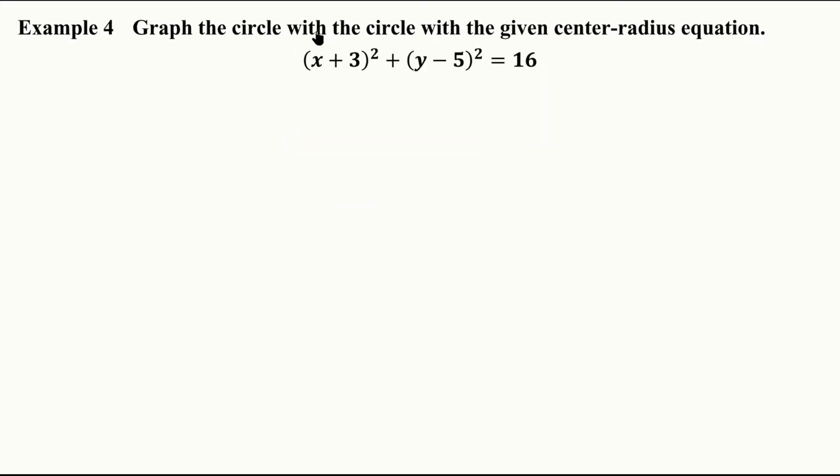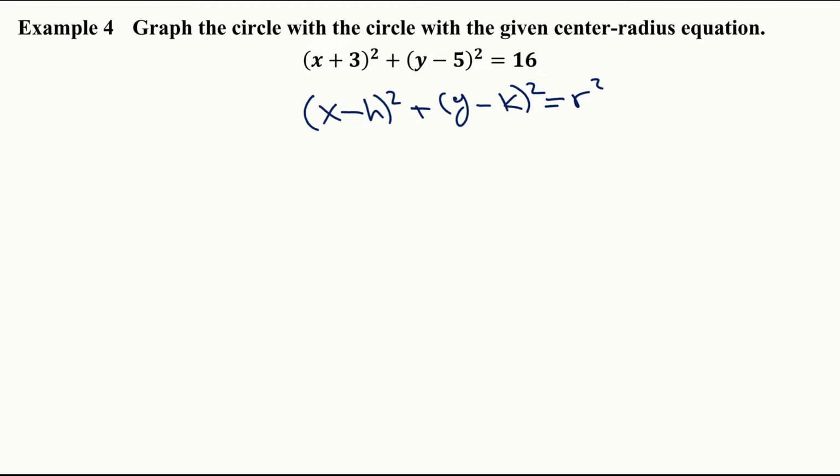Okay, here we want to graph the circle with the given center radius equation. So obviously, in order to graph a circle, we're going to need to locate the center and find the radius, right? So here we know that according to the center radius form, we have (x minus h) squared plus (y minus k) squared equals r squared.